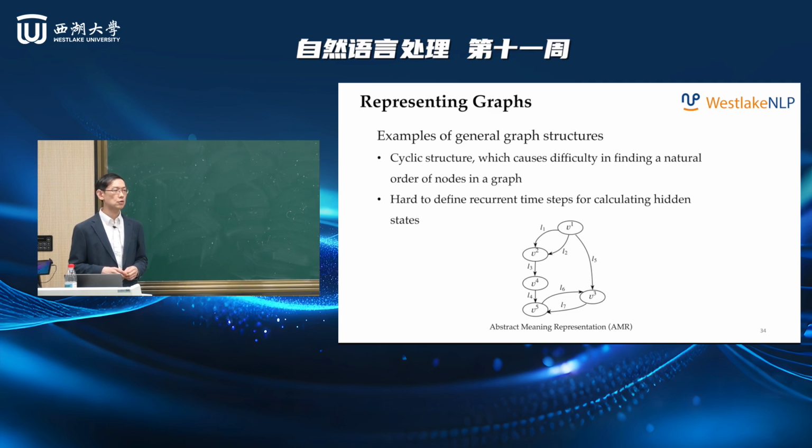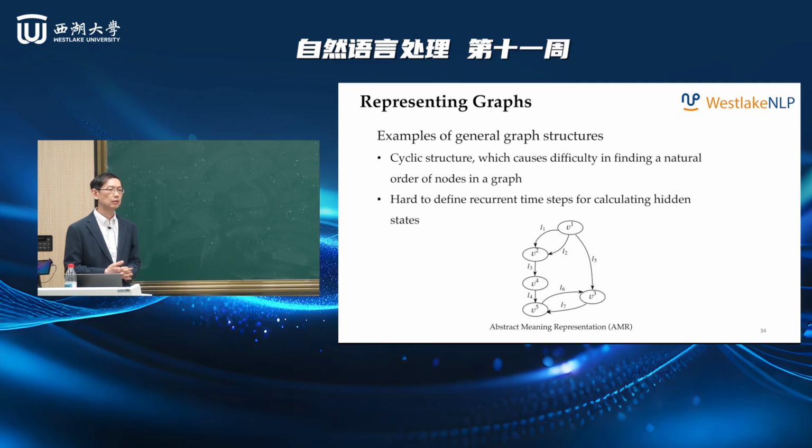This cyclic structure brings us an important difference, which is we cannot define a natural time step anymore. Because there is a cycle, then who is the root? Who are the nodes on different levels? You cannot do that anymore.